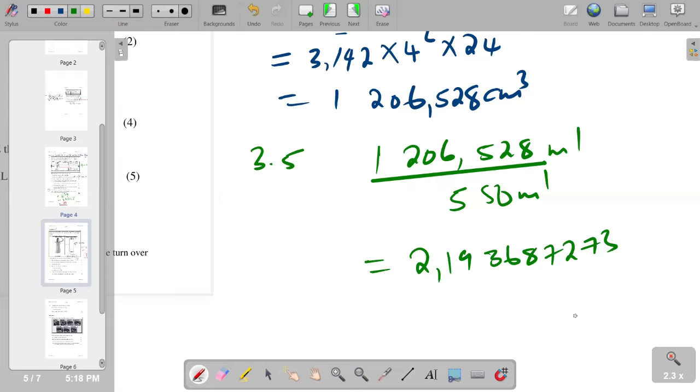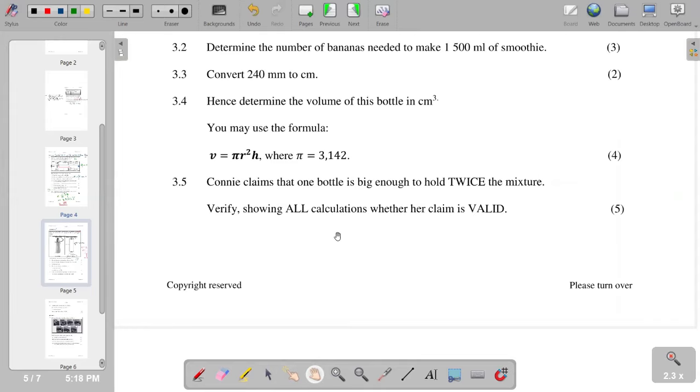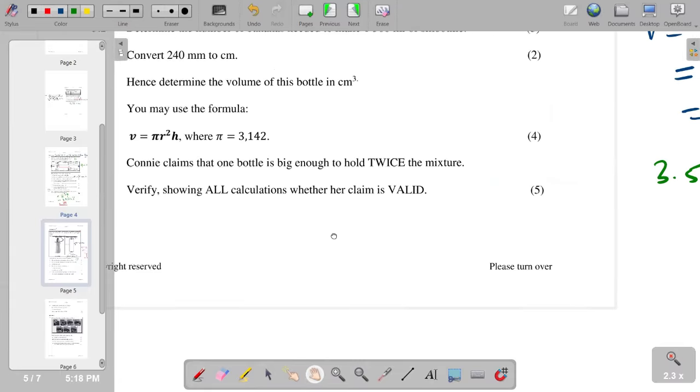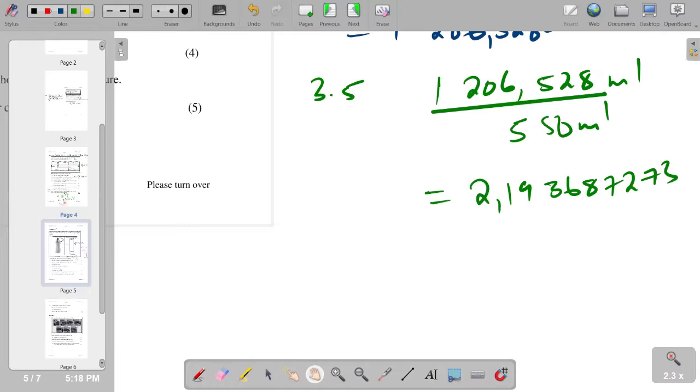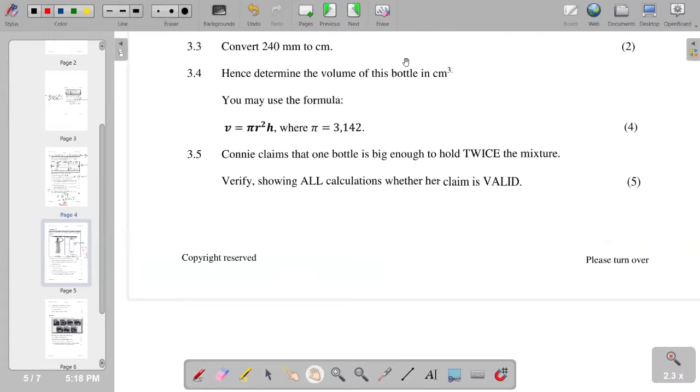So this is what we have. So we see that we have got more than two mixtures that can fill the bottle. So our statement is saying Connie claims that the one bottle is big enough to hold twice, which is correct. So the statement is valid. So that's our conclusion on that part.